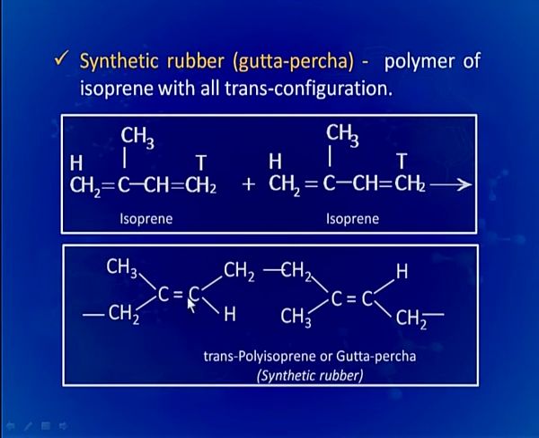We can see across this double bond the smaller group methyl is on one side of the double bond, and the other smaller group H is on the other side. So, this is trans configuration and this is synthetic rubber.